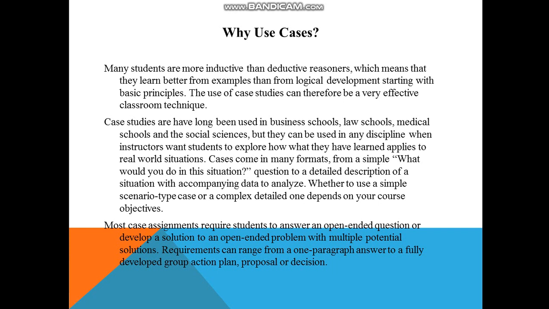So, there is given why use cases. Before beginning to answer this question, we have to answer what is a case study. The term case study covers a wide range of problems posed for analysis, but most types include several key elements. Most cases are either based on real events or are constructions of events which could reasonably take place.